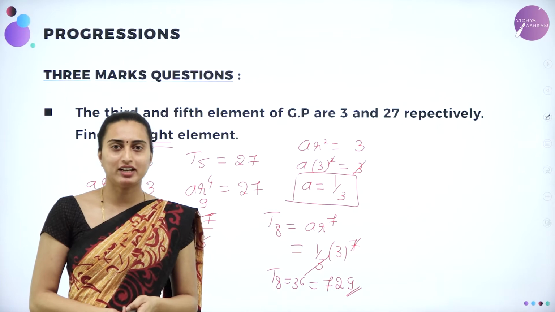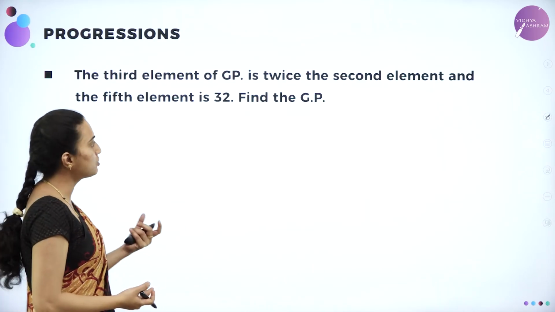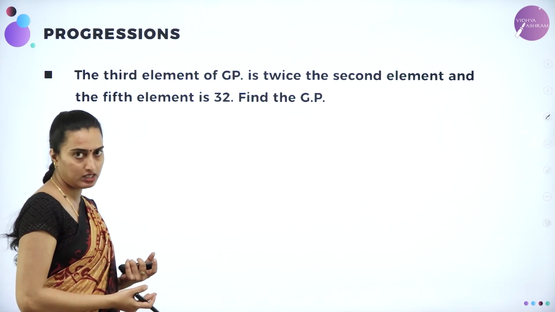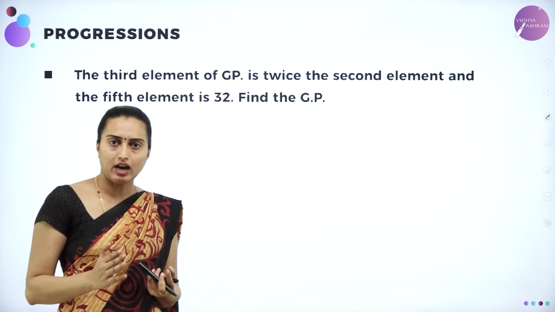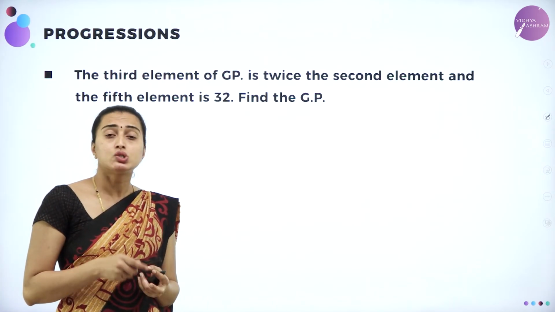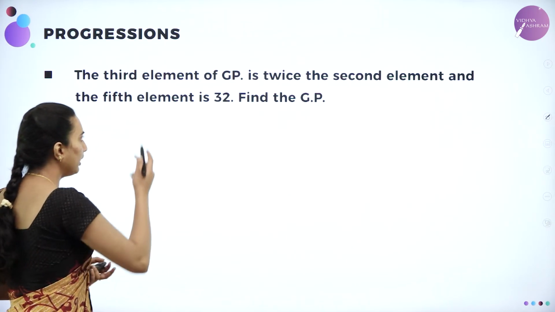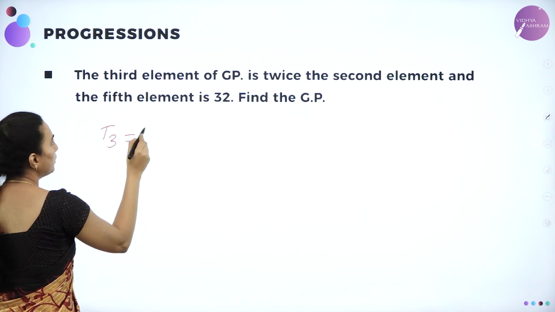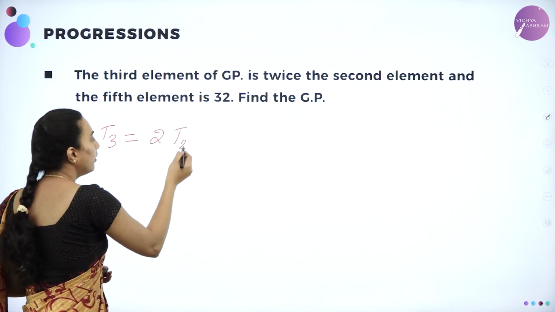Now we'll move on to the next problem, dears. What they have asked: the third element of a GP is twice the second element and the fifth element is 32. Find the GP. We know that GP is given by A, AR, AR squared, etc. So here we need to find A and R. By the given condition, T3 is equal to 2 times T2.